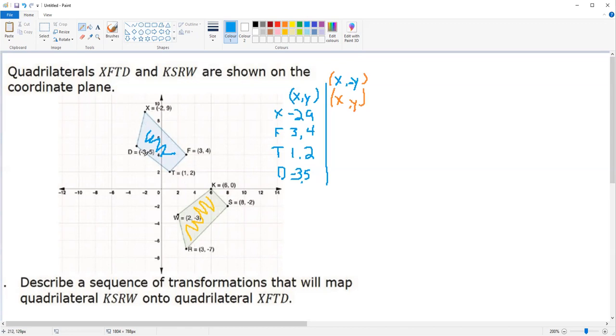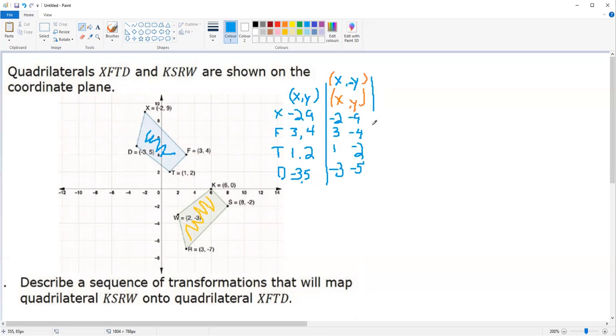So the x is going to stay -2, but the y shifts to -9. All my x's stay the same: 3, 1, -3. And all my y's are going to shift signs: -4, -2, -5.